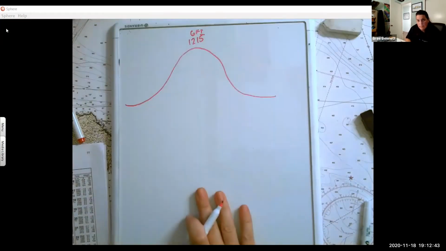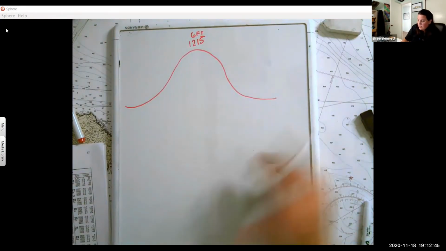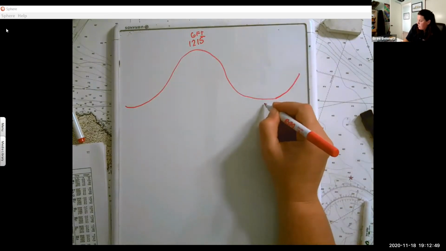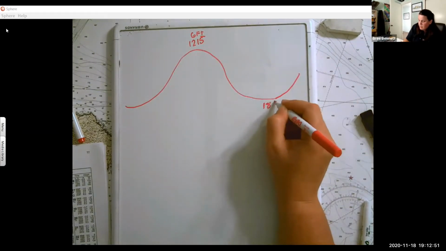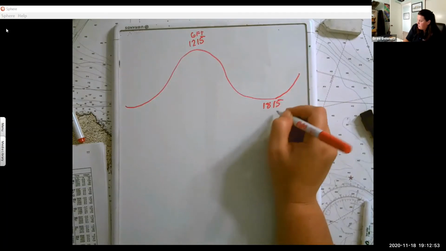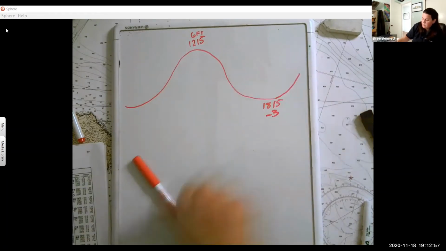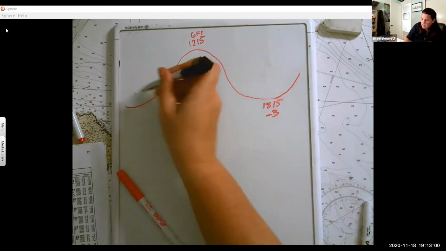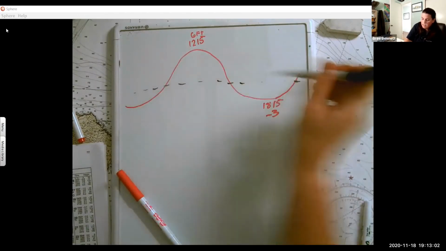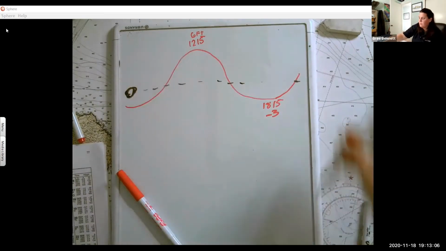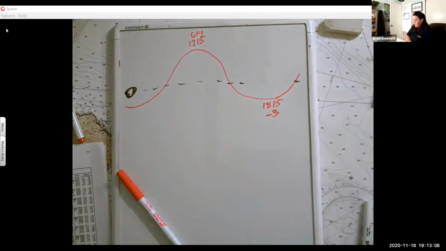And then we have a low water at 18:15 at -3 feet. So we have kind of this 0 line in here. And this is our tide.